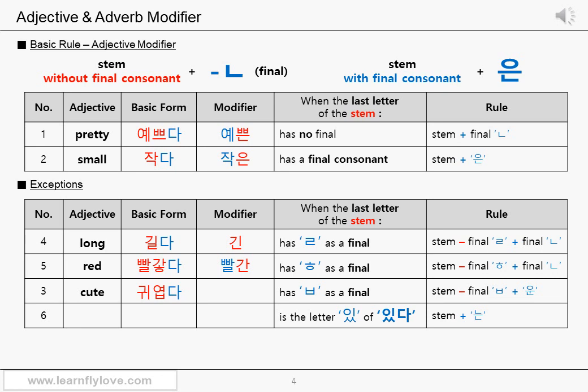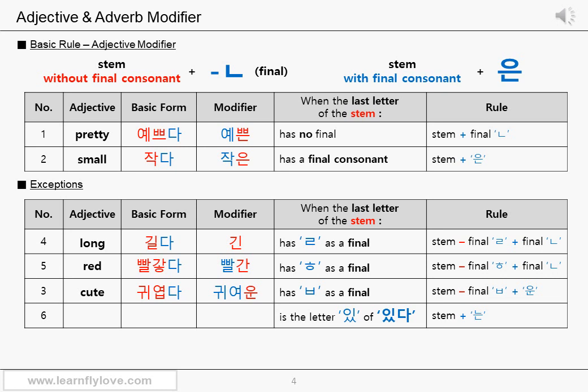When the last letter of the stem has a final B consonant, you get rid of this final B consonant from the last letter of the stem and add a sound to it. Be careful, it's not the usual sound this time. It's a sound with a vowel.